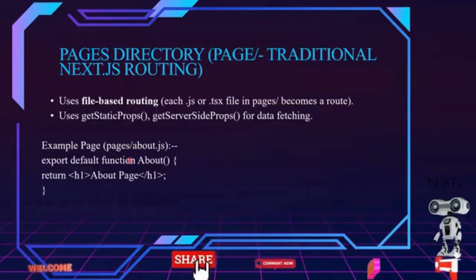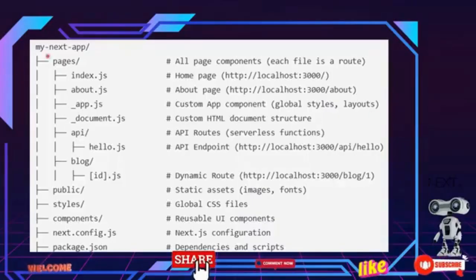For example, the about page has a default export function About. Here in my-next-app: pages with index and about, _app, _document, api/hello, blog/[id], public, styles, components, next.config.js, and package.json. Here pages holds all page components, like the home page at localhost and about at localhost/about; custom app component, custom HTML page structure, API routes for endpoints, dynamic routes, static assets, global CSS, reusable UI components, next config, and dependencies.